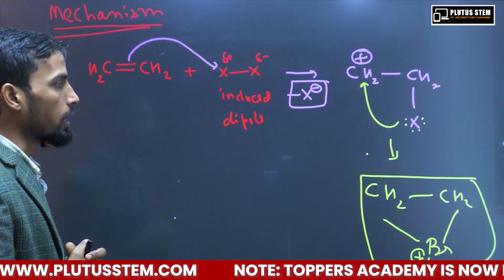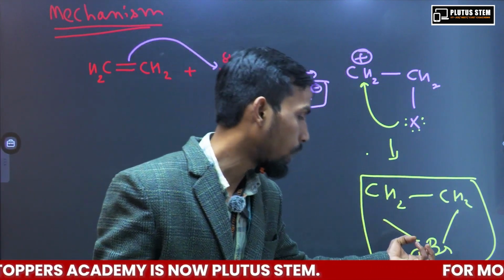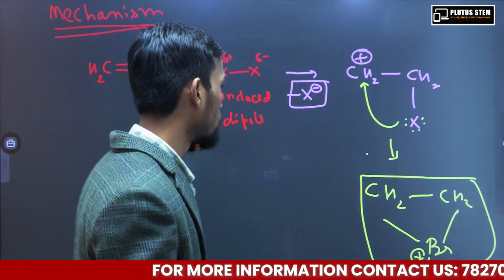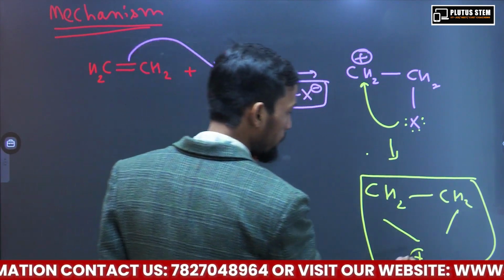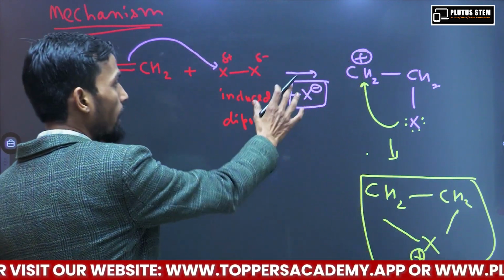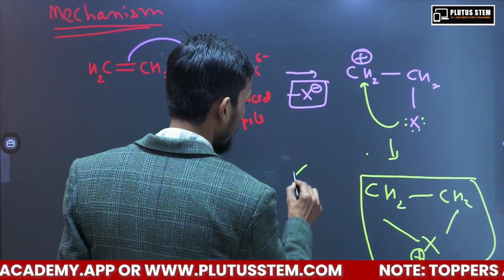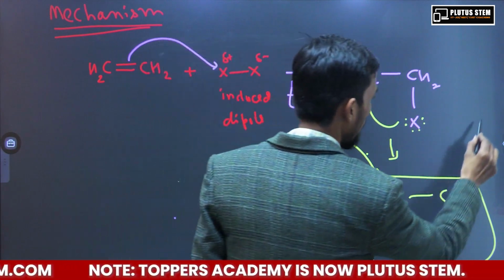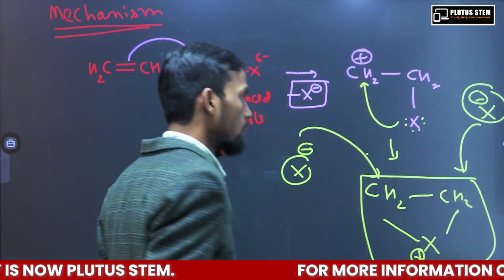This three-membered ring is not that stable, with a positive charge on bromine. So this X negative, we have taken X, generally we take bromine in the reaction. The other X moiety will attack over here, and it can attack at either carbon. Both possibilities are there.